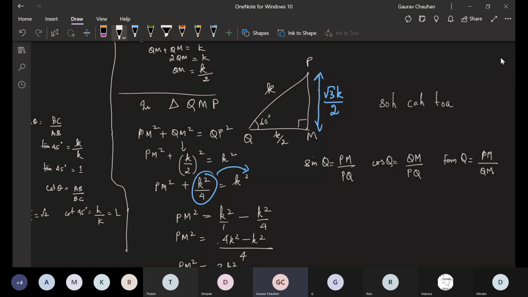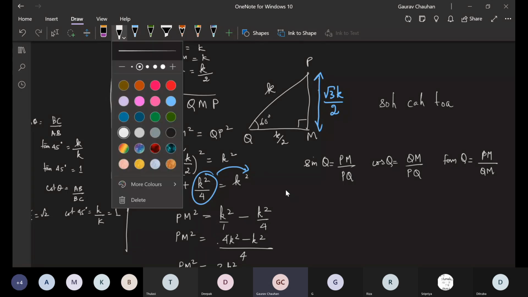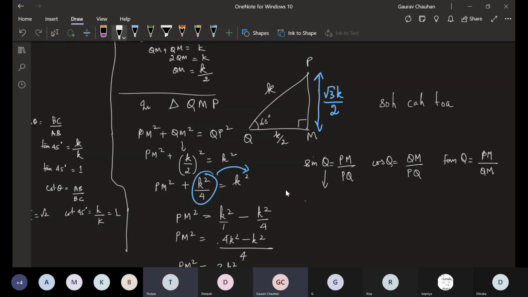Now, can you substitute these values and let us calculate it? In place of Q, I'm going to write 60 degrees. So, sine 60 degrees is equal to, what is PM? Sir, root 3k by 2, however you want to write it, the whole divided by PQ, which is k.